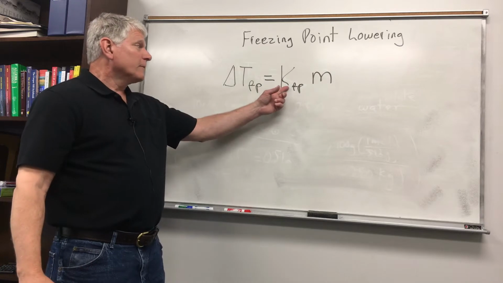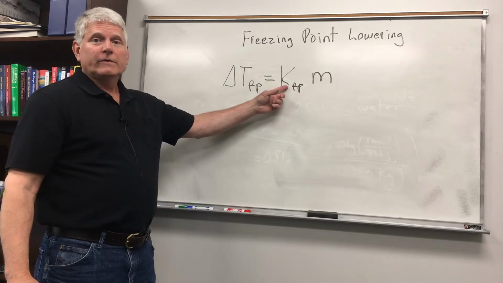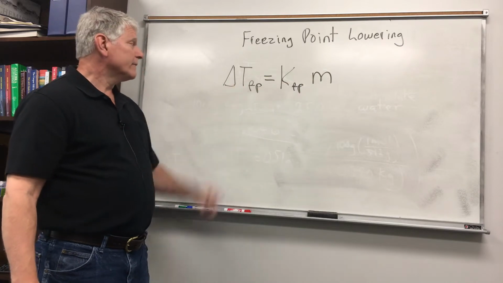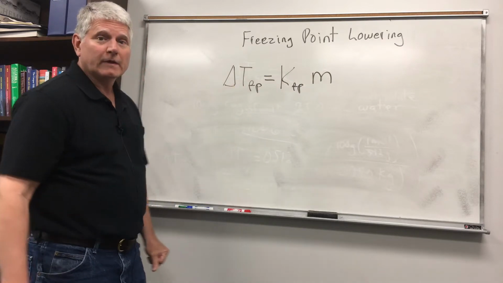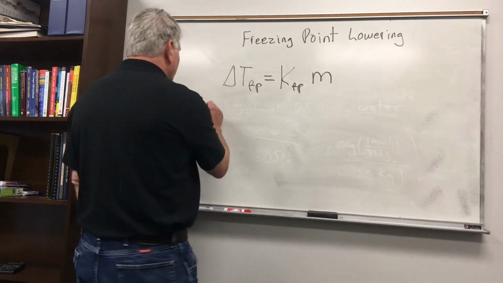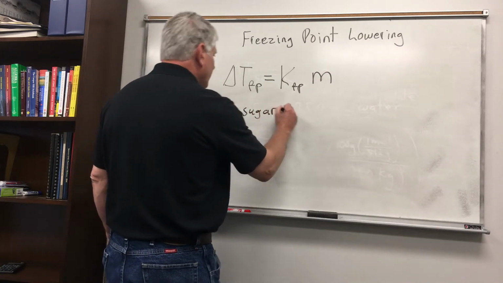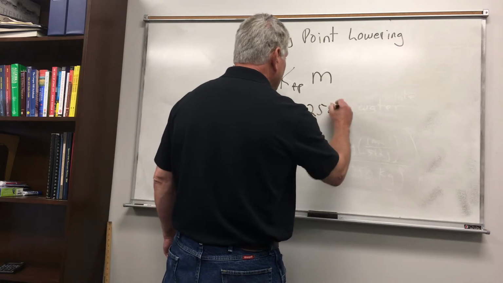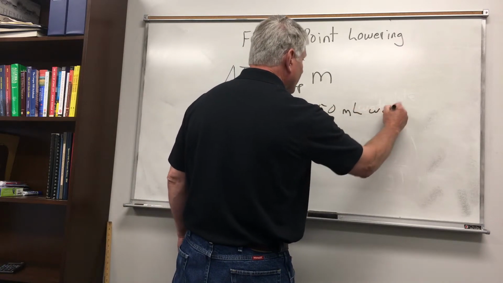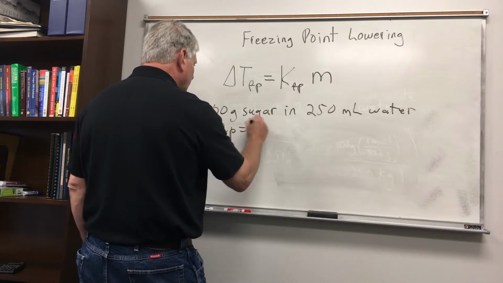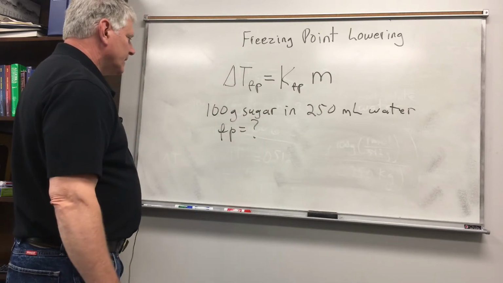So we would look up the freezing point constant for our solvent and then calculate the molality of the solution. That will give us our change in freezing point. So let's do the same example. We have 100 grams of sugar and 250 milliliters of water. And we want to know what the freezing point of our solution is.